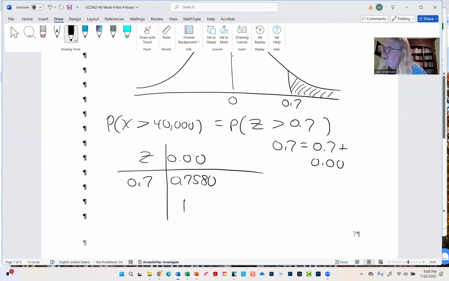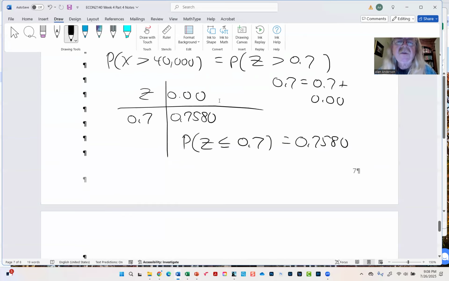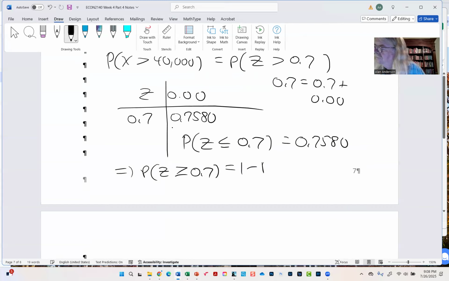And that tells me that the probability that Z is less than or equal to 0.7 is 0.7580, which means that in turn, the probability we're actually looking for is, uh, 2320.